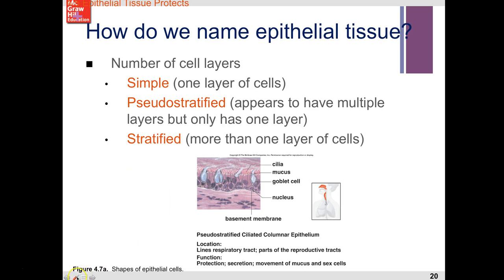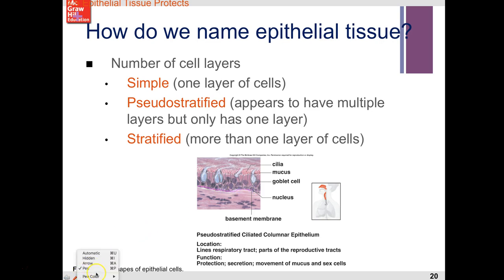And what I want you to understand about pseudostratified is one, that pseudo means false or fake, and stratified, if you look down here, means more than one layer of cell. So what that means is it looks like it's many layers, but it's actually just one layer. So if you look at our image here, I'm going to draw, here's our basement membrane, right, where the cells are on firmly.